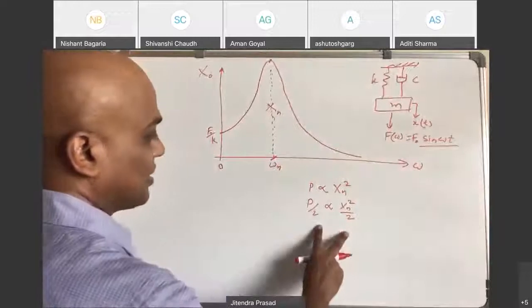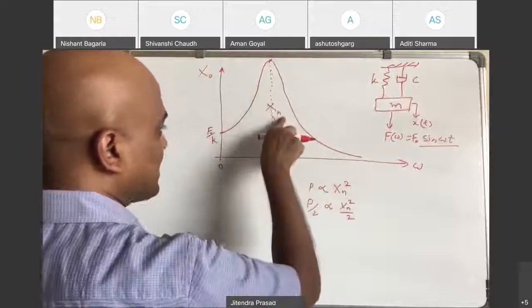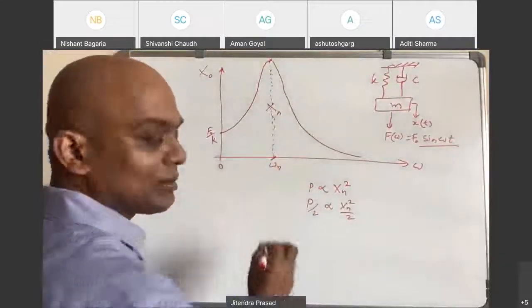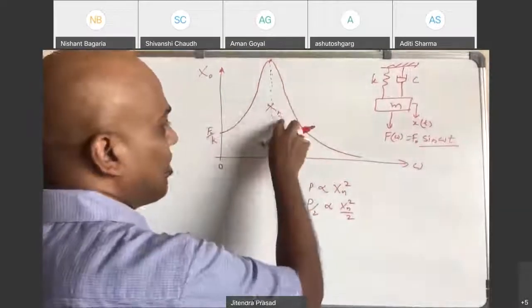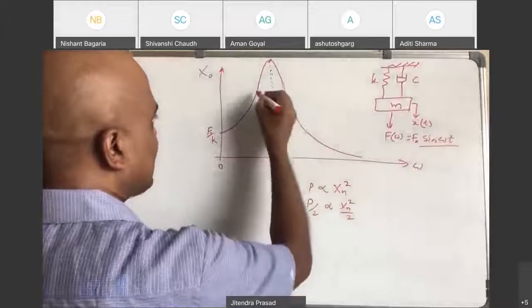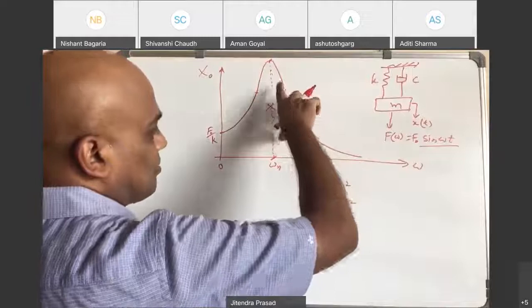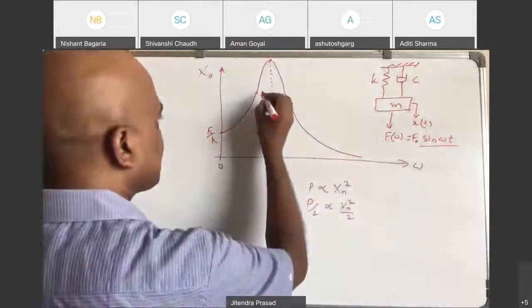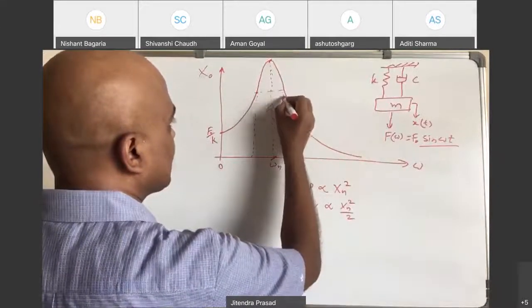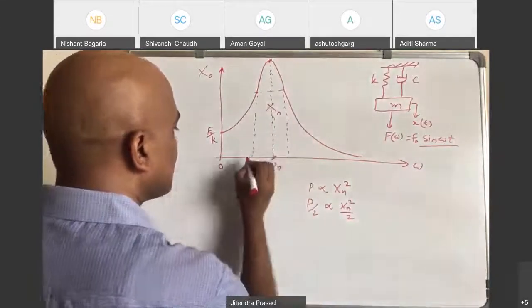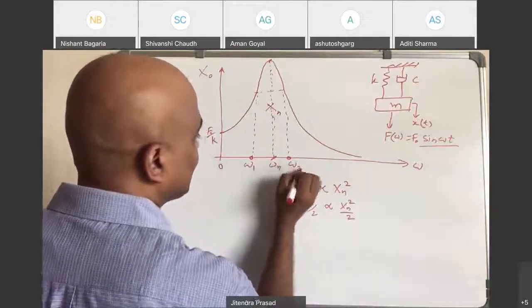So half power points are where we see half of the square of xn. Somewhere here will be one value and the other will be here. These points are omega 1 and omega 2.